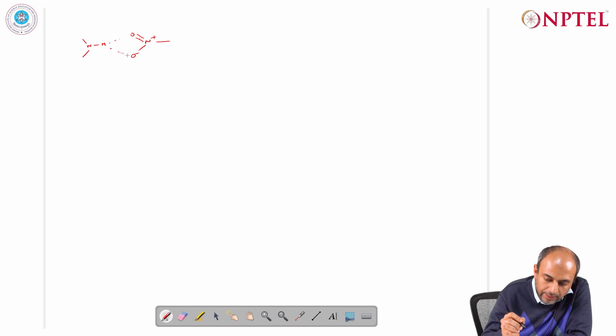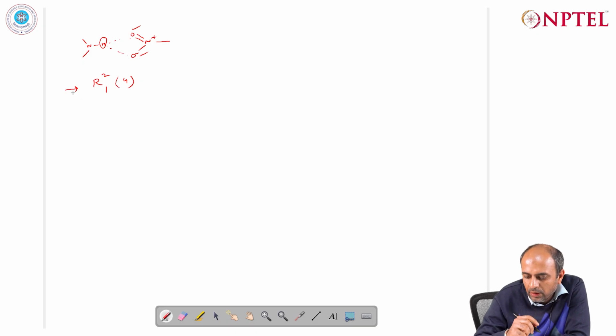So this is a ring motif which has got 2 acceptors and 1 donor, and the number of atoms in the ring is 1, 2, 3 and 4. So when you have an NHO hydrogen bond involving the nitro group, then this kind of motif is formed, and this is also a representation of a 3-center hydrogen bond.